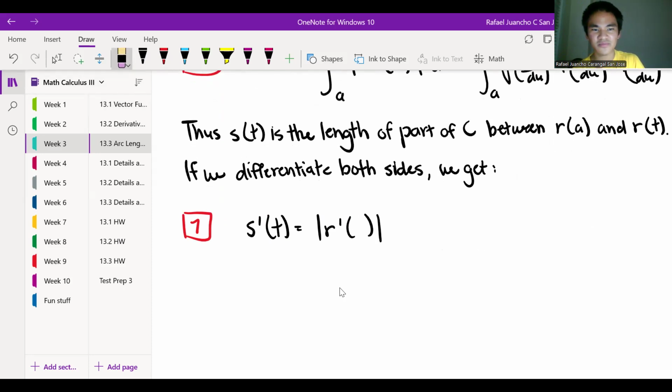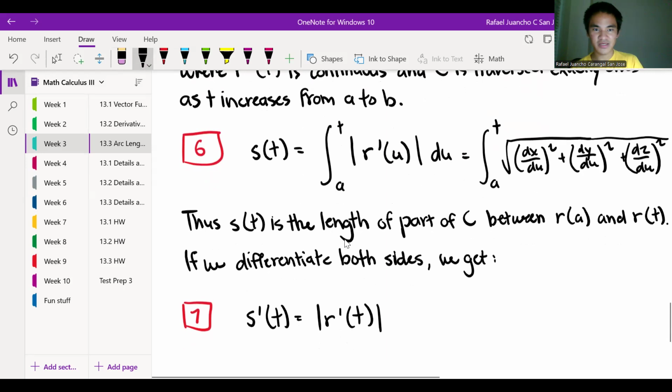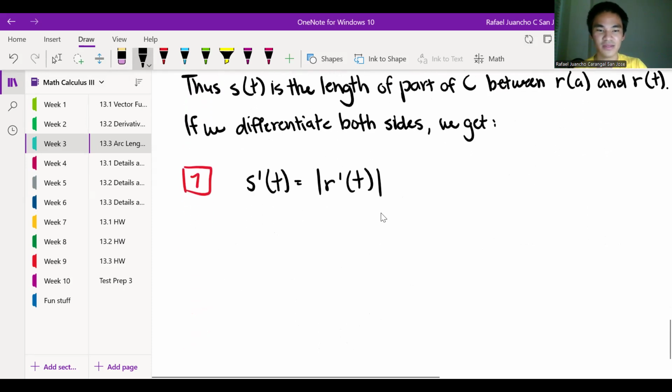The textbook said r prime of t, so that's pretty weird. Oh no, actually it's because of the fundamental theorem of calculus. If we take the derivative of this thing, then we're just replacing t with u. That's a thing in the fundamental theorem of calculus, part one, because there are two parts to it.